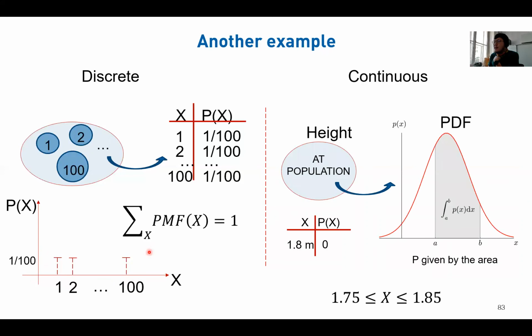Another example is for continuous events. Let's talk about something a little bit more concrete: body height. Let's assume this is the body height of the Austrian population overall.